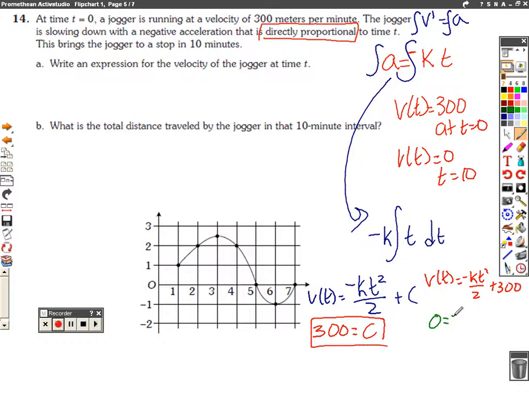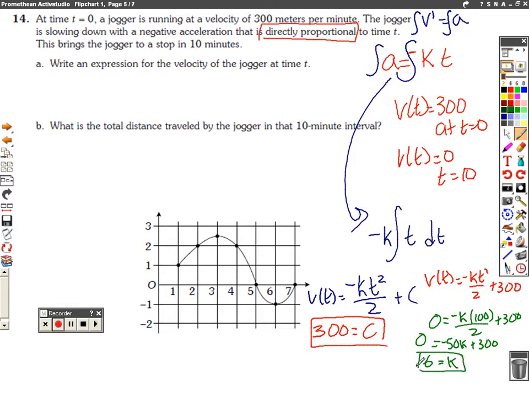So when you've got negative k times 10 squared, that's 100 over 2 plus 300. All right, let's just solve this really quickly. We've got 100 divided by 2, that's 50. So we got negative 50k plus 300, and that equals 0. So basically that should tell us, with a little bit of quick math here, that k is 6.